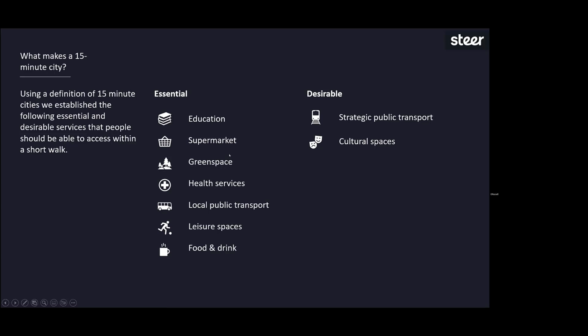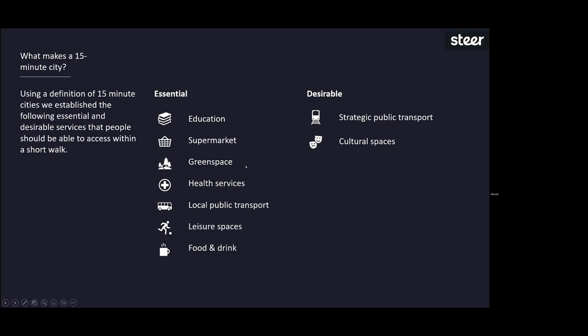We looked at access to education for both primary and secondary schools, food shops and supermarkets, green space, and health services, so things like GP services and pharmacies. We also looked at access to local public transport, which effectively means local bus stops and bus services, leisure spaces, and food and drink. And as more desirable things, you should also have access to strategic public transport, so things like railway stations, and also cultural spaces.